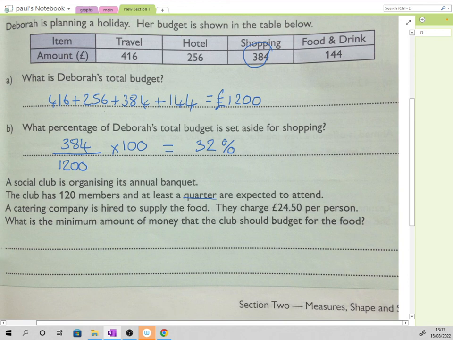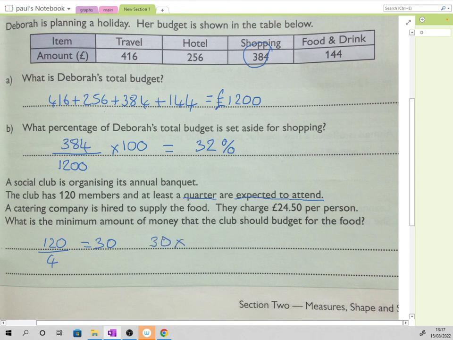Well, the minimum amount is based on how many are expected to attend. And a quarter of the people are expected to attend. So 120 divided by 4 is 30. So 30 people are expected to attend.